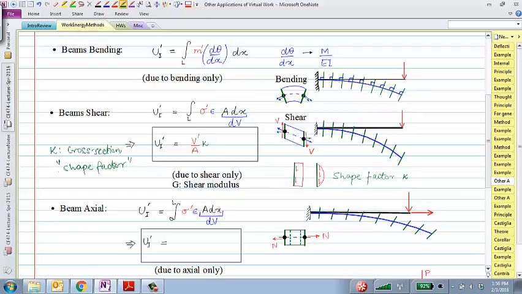Usually it's very close to 1. So unless I give you the value of this cross section shape factor, just assume it to be 1. So this is the shear stress on the cross section. What would be the real shear strain? Shear strain.